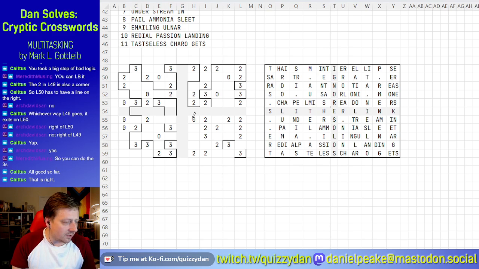Now this 0 is going to start blocking things in. So you have to go down, and then you can't go left, you can't go down, so you must go right. This bit could go down, just because we don't quite know where this loop is going to go.